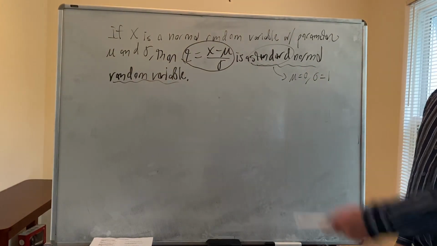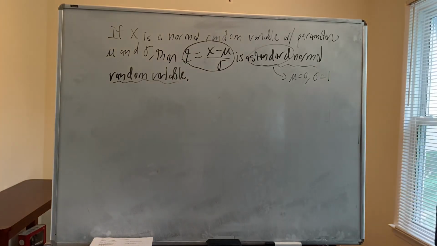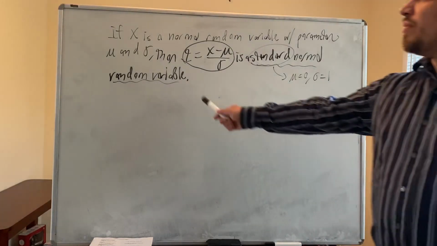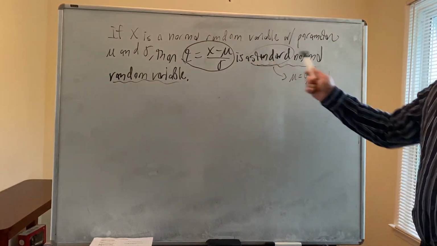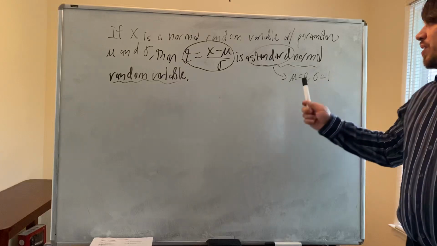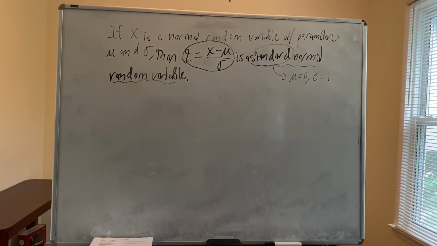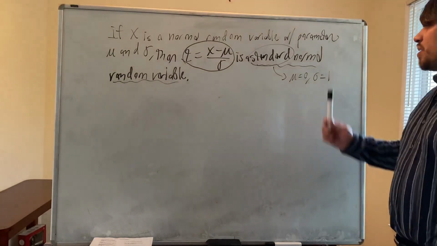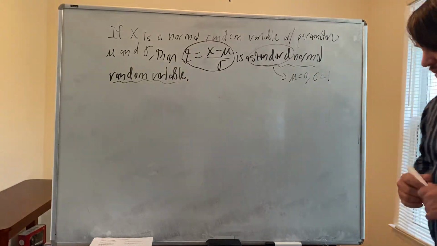And so if you start with just X, which is a normal random variable, not necessarily a standard one, and you define a new random variable Z as X minus mu over sigma, then Z is a standard normal random variable. The mu for Z is 0 and sigma for Z is 1, right? Mu is the mean and sigma is the standard deviation. Those are just the parameters of it.